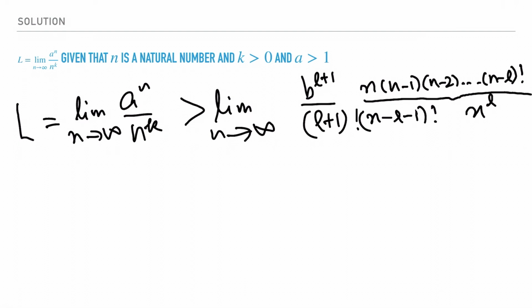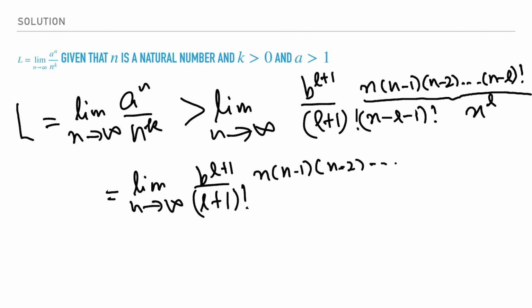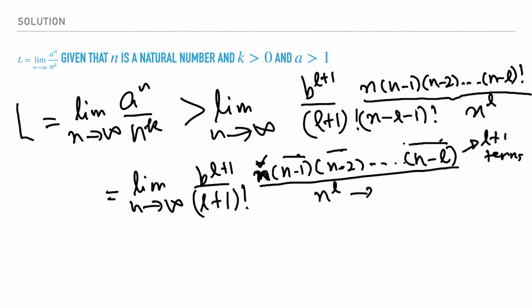Now we can simplify that a bit. We see that the numerator has L plus 1 terms. In the denominator, we only have L terms.